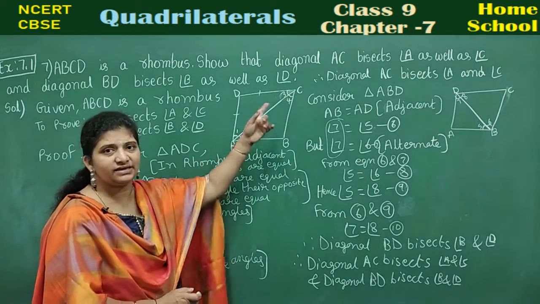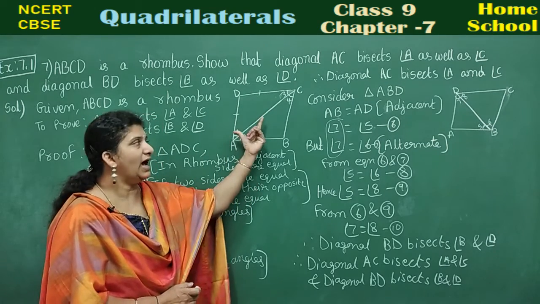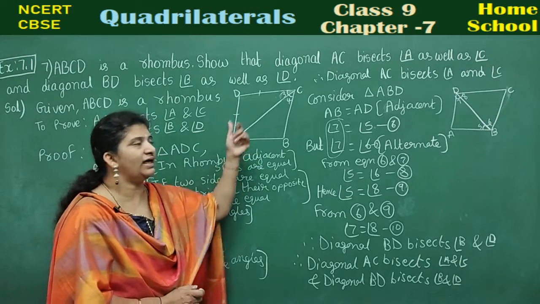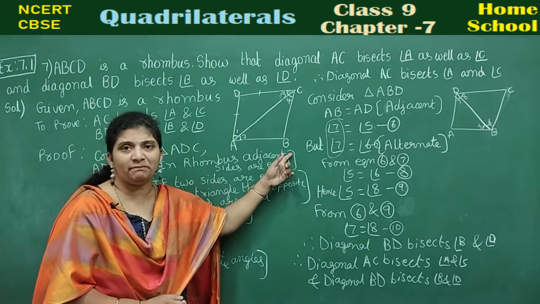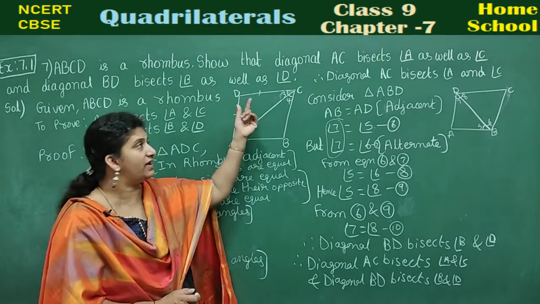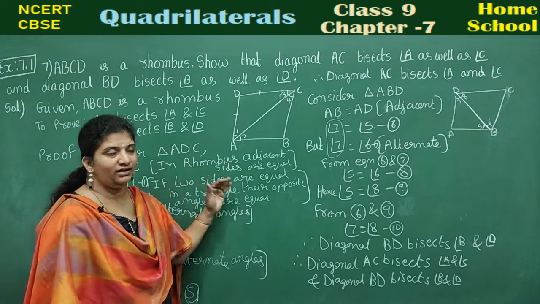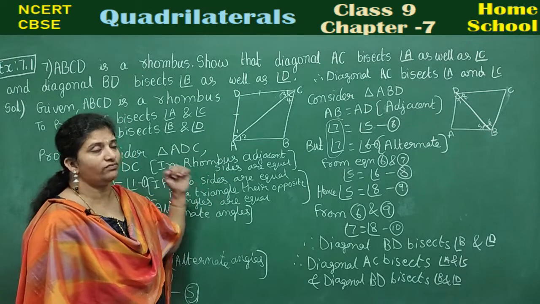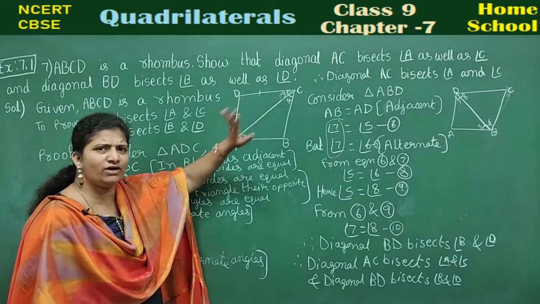Given ABCD is a rhombus and they asked us to prove diagonal AC bisects angle A as well as angle C, and diagonal BD bisects angle B as well as angle D. So first we have taken one diagonal. ABCD is a rhombus, given; what we need to prove, we have written here. And first consider any one of the triangles.